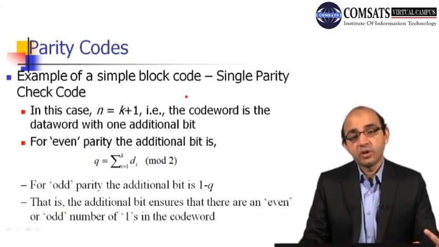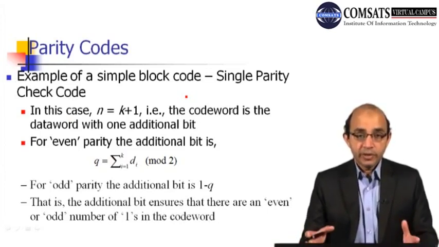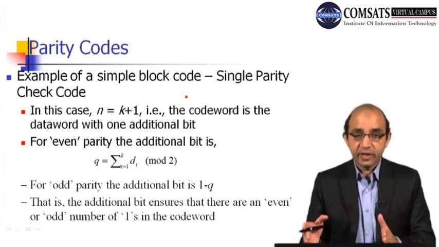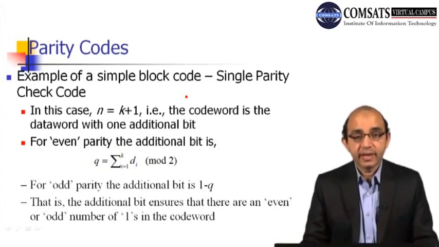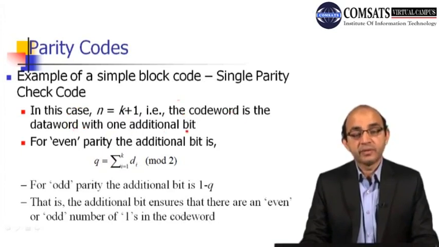It's actually a block code because we normally take a block, that is a single data unit, and then we add the redundant bit, and then we take the next block. So you can name it a block code. Here n is equal to k plus 1, that is, the code word is the data word with 1 additional bit.